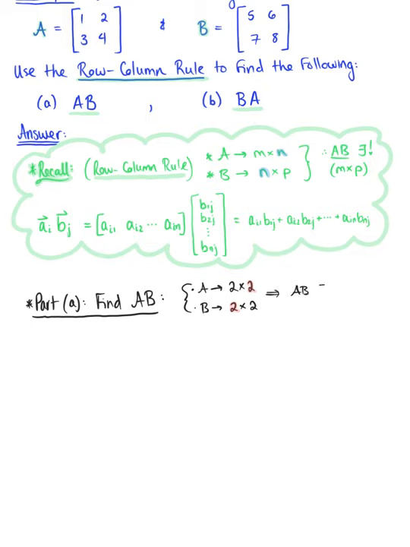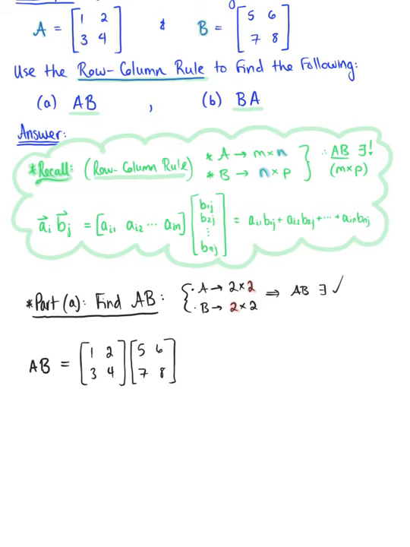So AB exists and we're ready to go. So here we go. We have matrix A multiplied by matrix B. Now matrix A is defined as 1, 2, 3, 4. And matrix B is defined as 5, 6, 7, 8.